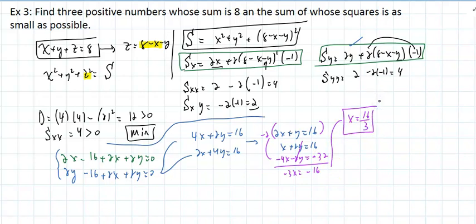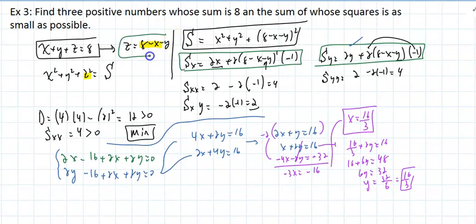Once I get x, I'll go for y. Let's go for this one. 16 over 3 plus 2y equals 16. Clear the fractions. Subtract 16 from both sides. That is 32. And y would equal 32 divided by 6, which would be 16 over 3. And can I find z?